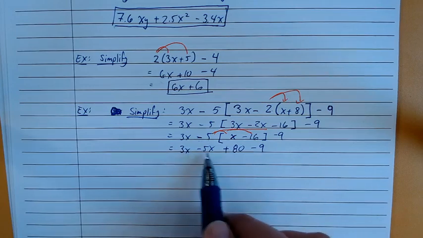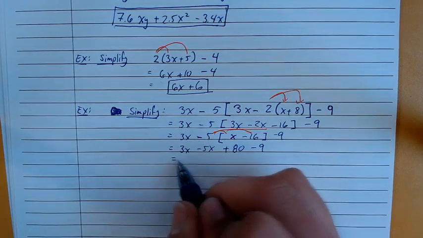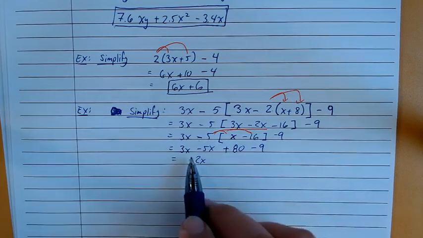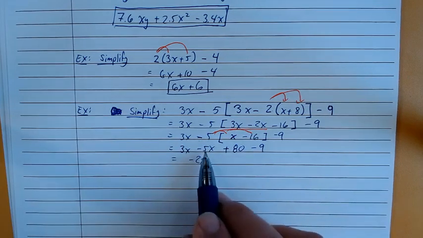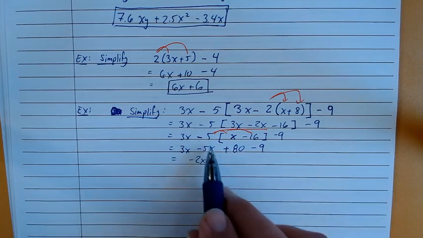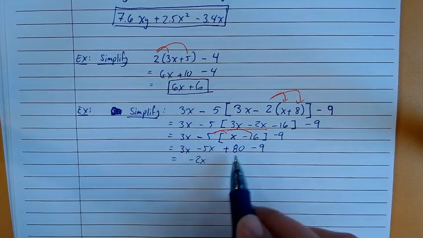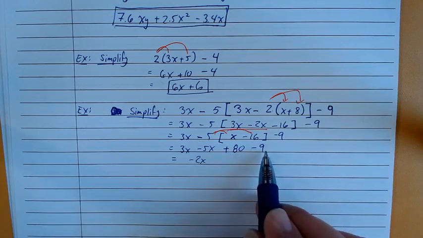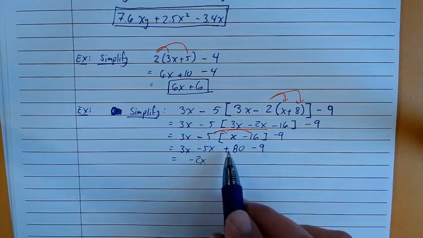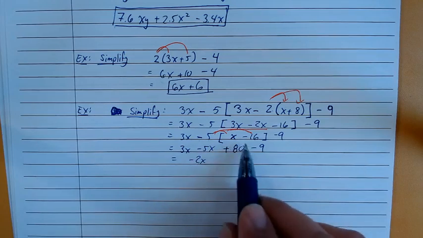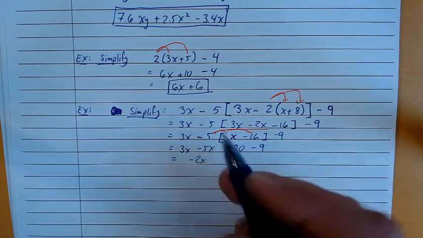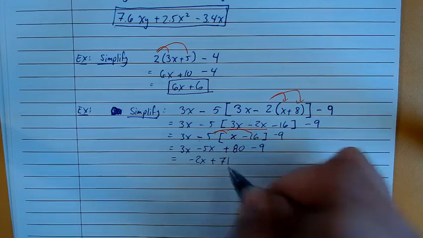Here, 3x minus 5x is negative 2x. Remember, if they have opposite signs, you subtract them, 5 minus 3 is 2, and then keep the sign of the number with the greatest absolute value. Here, I have 80 minus 9, 71. Keep the sign of the number with the greatest absolute value, so it'll stay positive, 71.